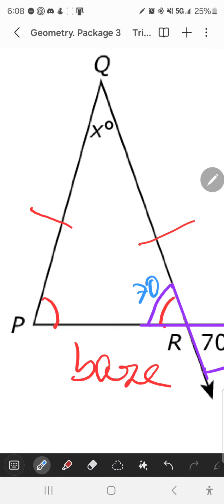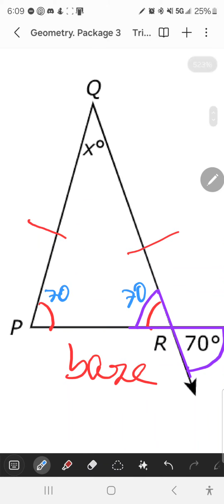So this angle is also going to be 70. And now, as I said before, since these two angles are equal because they are base angles in an isosceles triangle, this angle is also going to be 70.